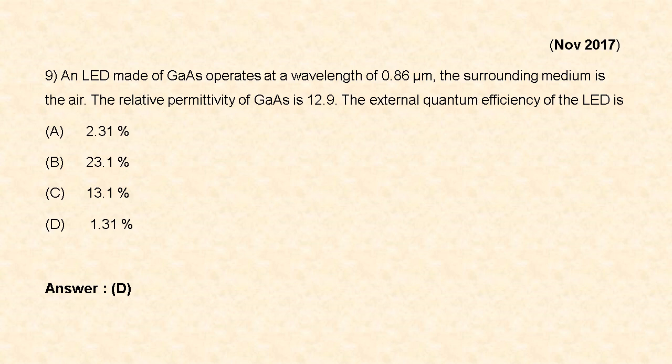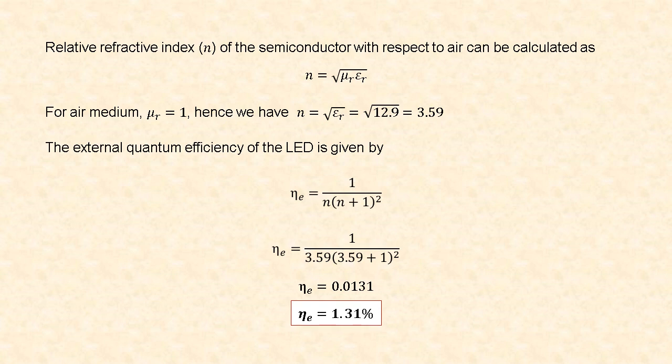Let us see the solution. To find the external quantum efficiency, first we have to find the relative refractive index, that is n, of the semiconductor with respect to air, and that can be calculated by using the formula n is equal to square root of mu r into epsilon r. For air medium, mu r is equal to 1. Hence we have n is equal to square root of epsilon r, which is equal to square root of 12.9, which is equal to 3.59.